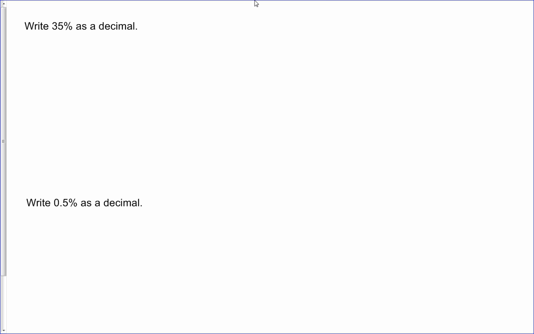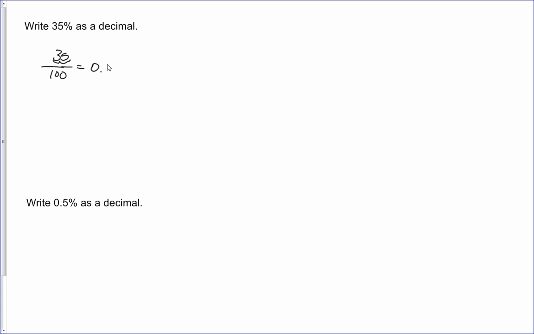All right, let's write 35% as a decimal. How are we going to write 35% as a decimal? Well, if you remember, this is 35%, so this can be written as 35 over 100. So 35 over 100, when you divide by 100, you take your decimal point, which is here, and move it 2 places to the left.